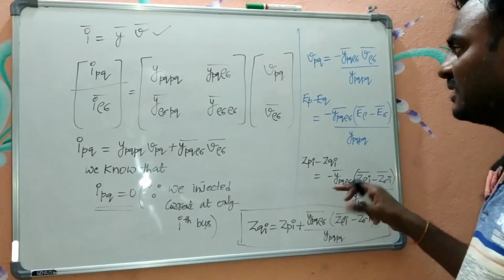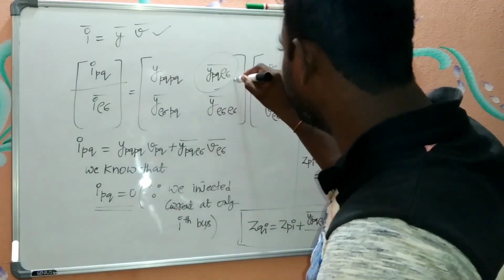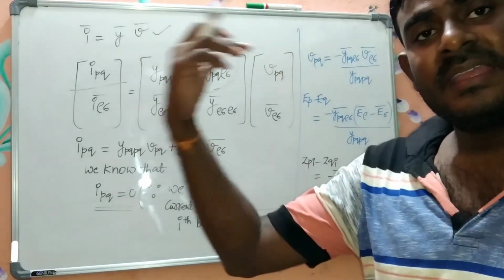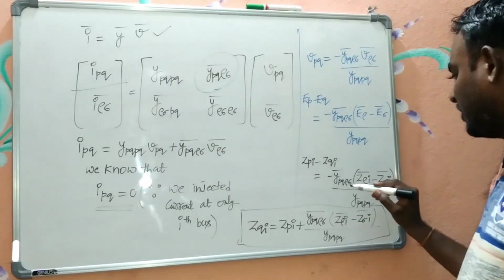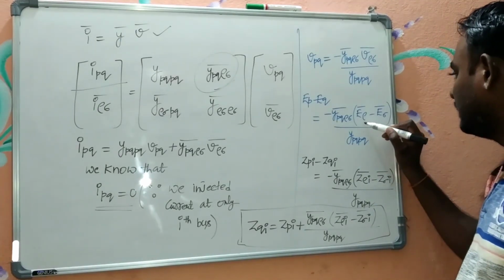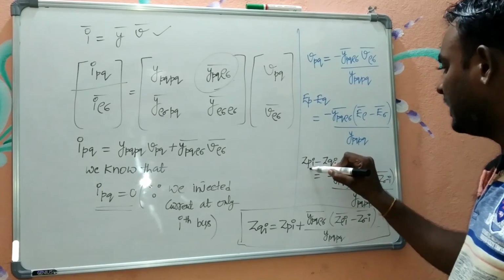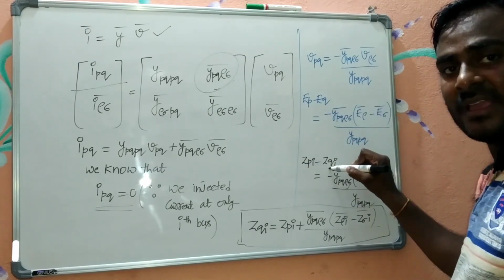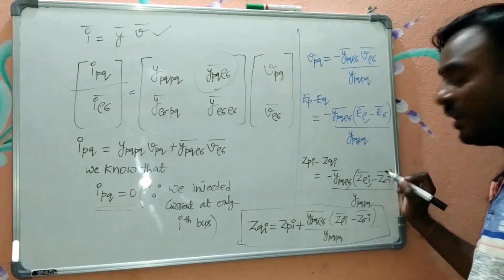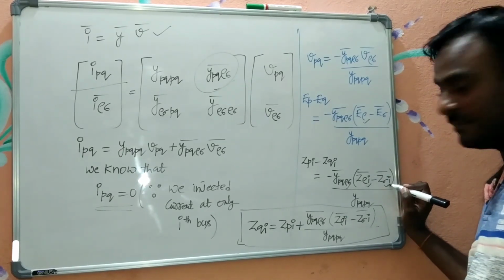YPQ rho sigma bar is nothing but the mutual admittance between the added element PQ and the remaining elements of the partial network. As we wrote EP as ZPI and EQ as ZQI, I can also write E rho bar as Z rho I bar minus Z sigma I bar.